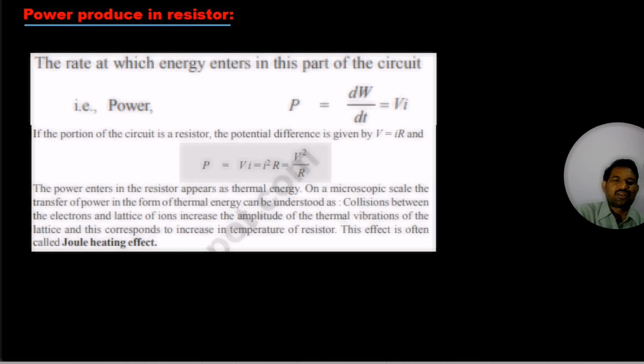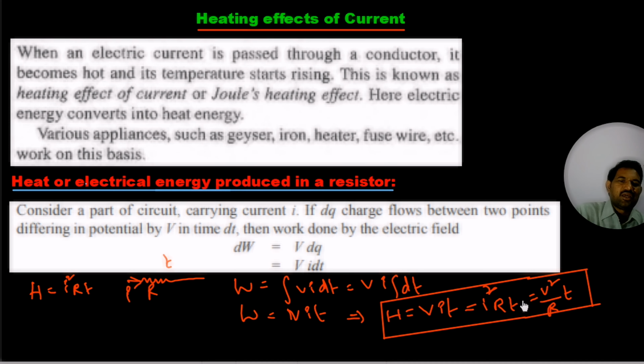We just need to divide the heat expression by the time. Generally, when the current is constant, and the resistance is also constant, we can use the I square RT formula. But when the current is variable, we need to write the heat produced for a small time interval as I square R into dt, and then the total heat energy is the integral of I square R dt.